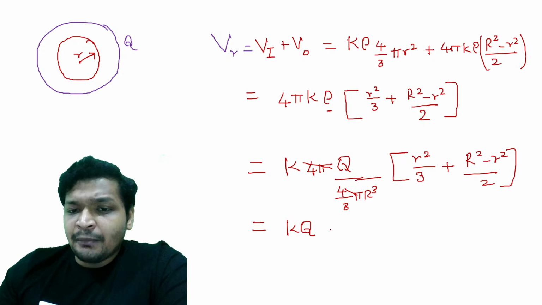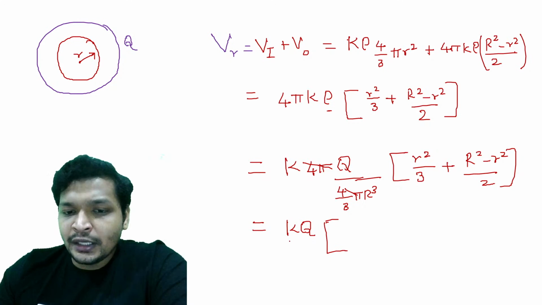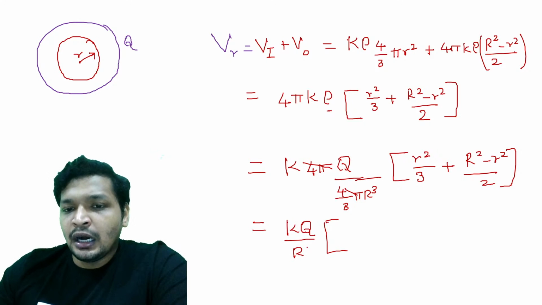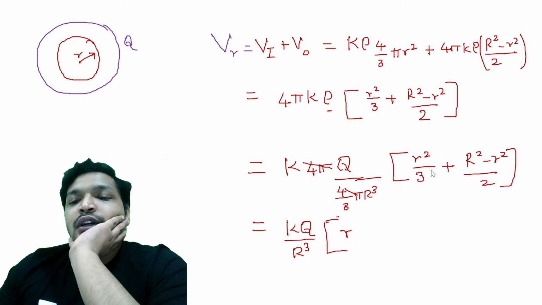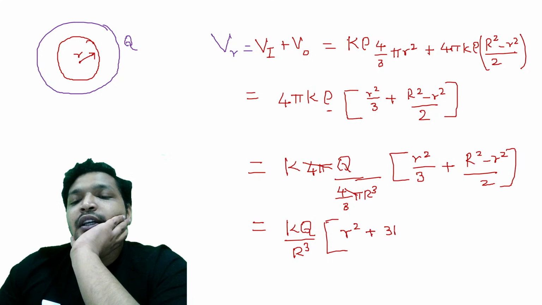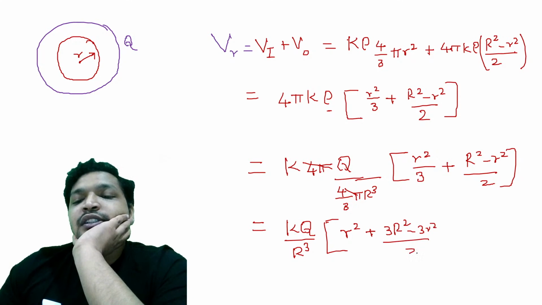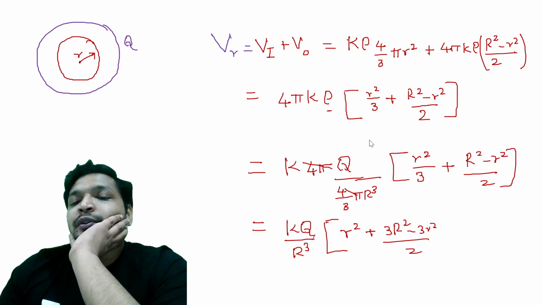If I am going to simplify everything in one go, I would rather keep R cube outside and write it as R square minus 3r square by 2, which is nothing but 1.5. 1.5 minus 1 is going to be 0.5.